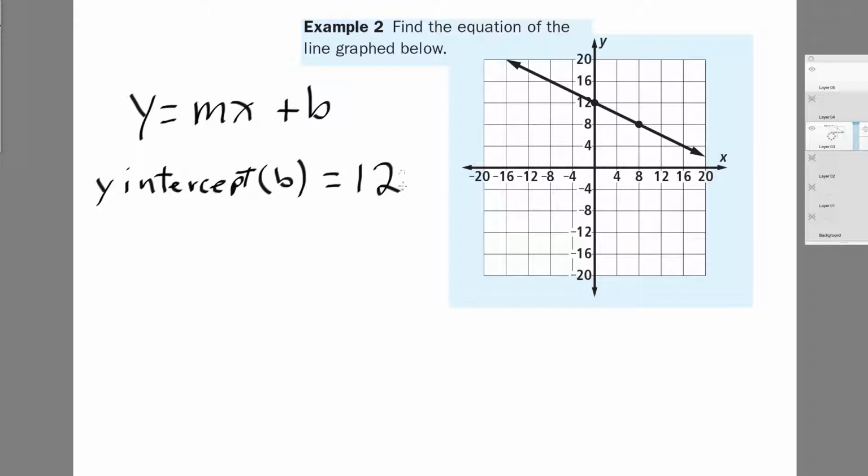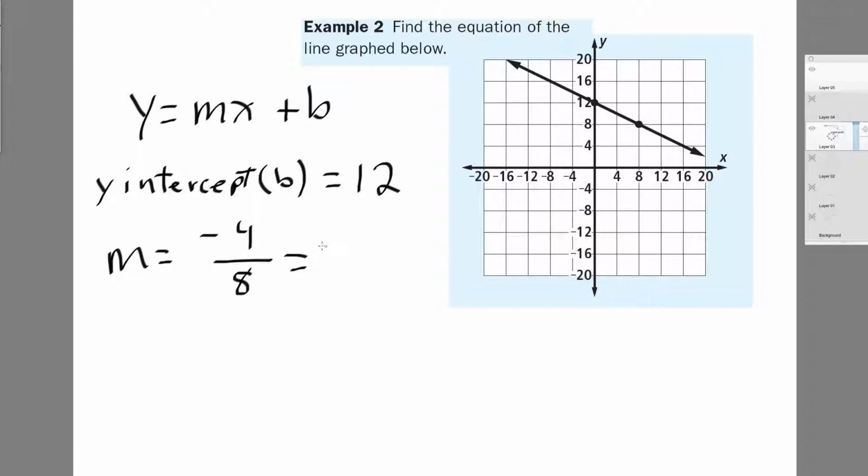The slope of the line is going to be negative, and it goes from 12 to 8, so this goes down 4, so m equals a negative 4, and then it goes over 8. And that can be reduced, so negative 4/8 is a negative 1/2.